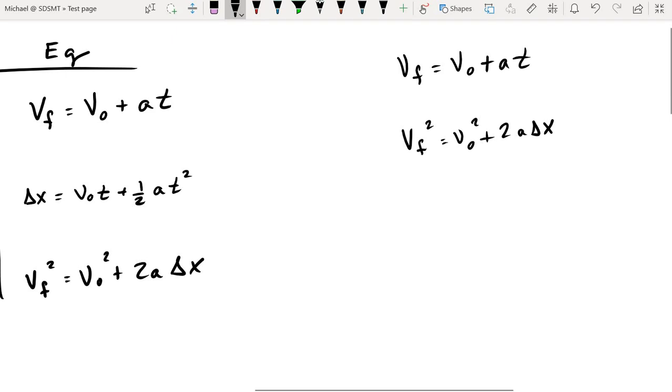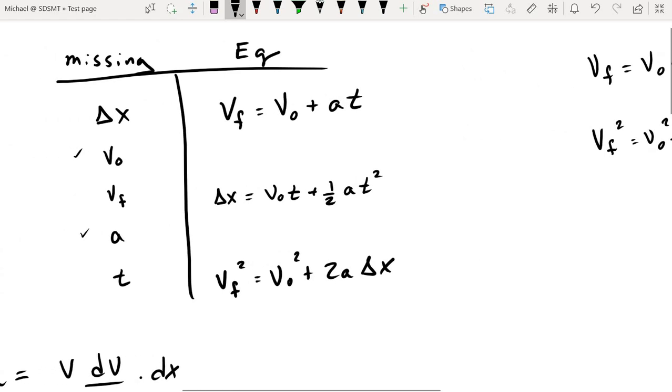And I need to figure out some way of combining these equations so that I can eliminate one of the two remaining variables. And it's at this point that I need to make a choice.